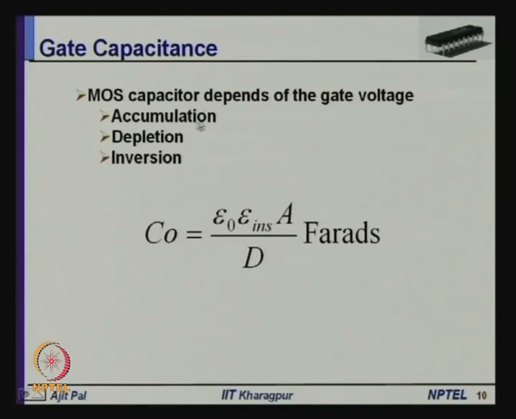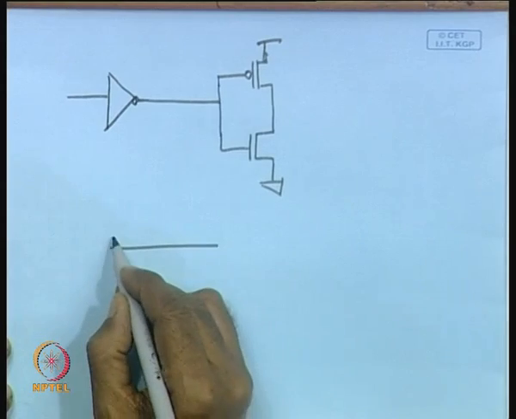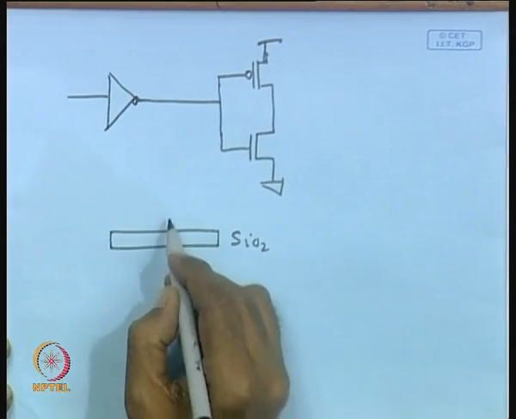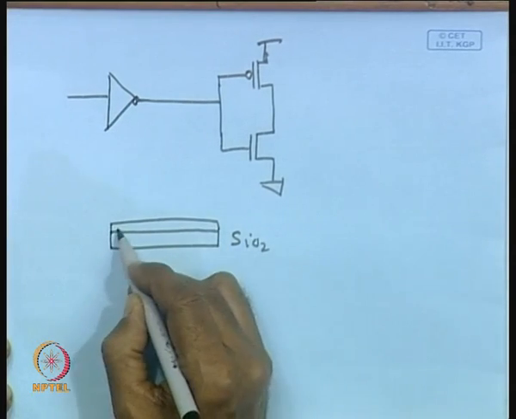So, in that case the channel region will be filled up with the carriers of the original device, that means the substrate. For example, if you are using a p type substrate, holes will be there. So, in the accumulation mode the capacitance will be quite high, because the capacitance will depend on, suppose this is your silicon dioxide and here it is polysilicon.